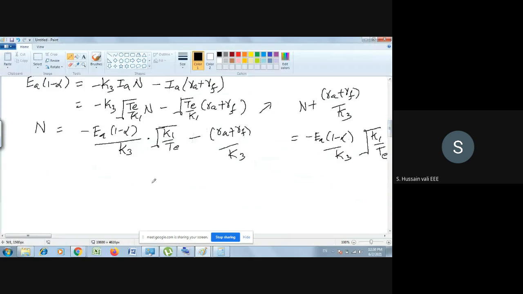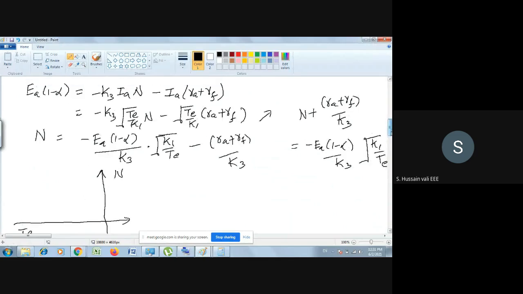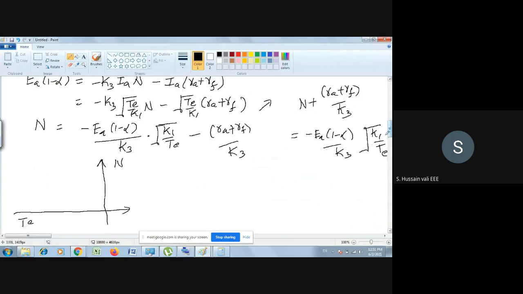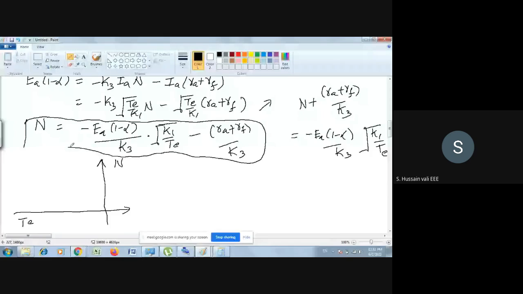So if we simplify this equation, see we have to draw the graph here, this side. The speed is there, here torque is there. Because it's second quadrant. So this is second quadrant, okay. So you'll do one thing: for different values of TE, you'll get the graph like this.